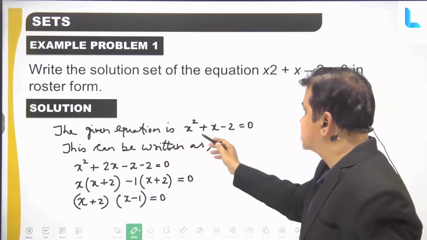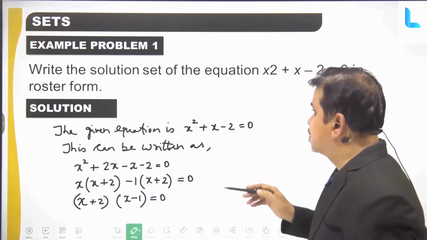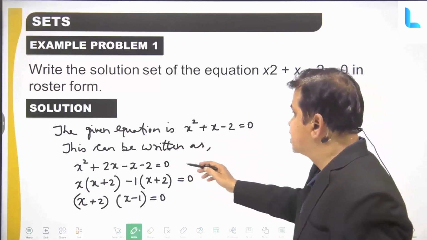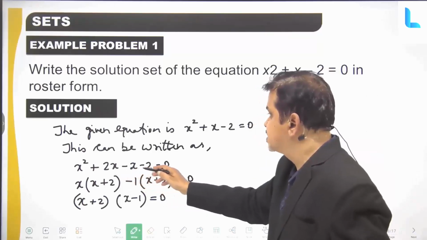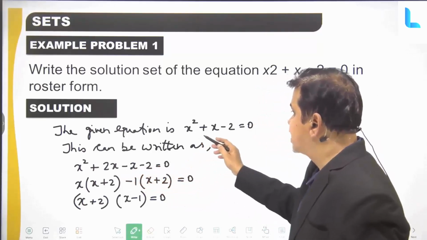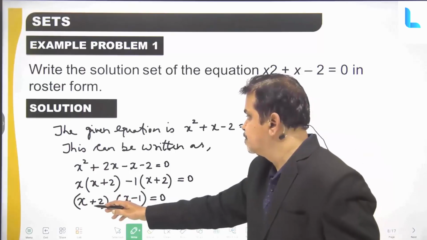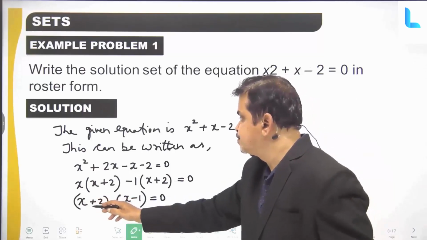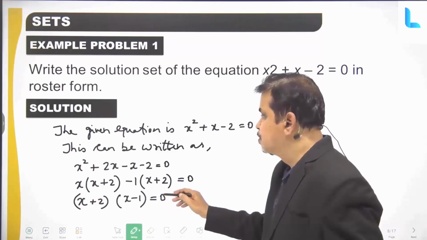Here the given equation is x square plus x minus 2 equal to 0, and this can be written as x square plus 2x minus x minus 2. Finding the factors for this, we get (x plus 2)(x minus 1) equal to 0.